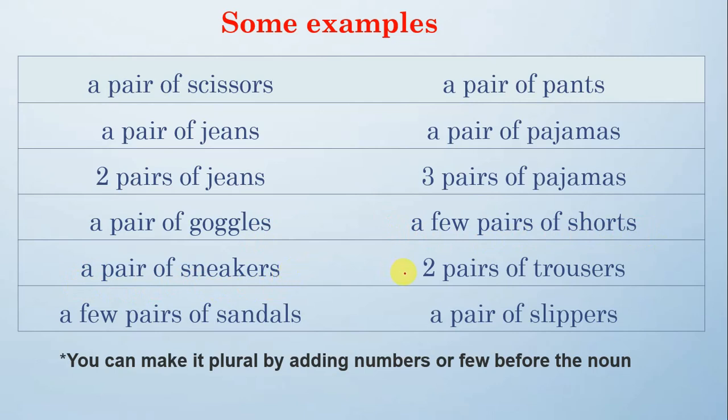When you have to make it plural, 2 pairs of trousers. A few pairs of sandals. A pair of slippers. You can make it plural by adding numbers like these, or few before the nouns, if you want to make it plural.